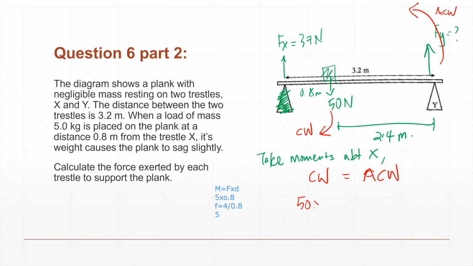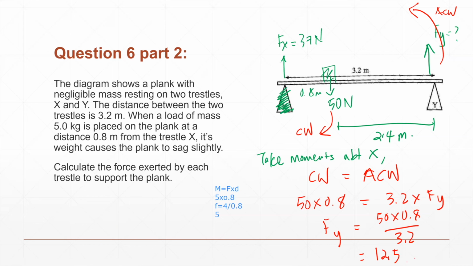So 50 times 0.8 is the same as 3.2 times Fy. Then Fy will be 50 times 0.8 divided by 3.2. So this is a question whereby the pivot can shift according to what you want to find. So you should take note of this question.